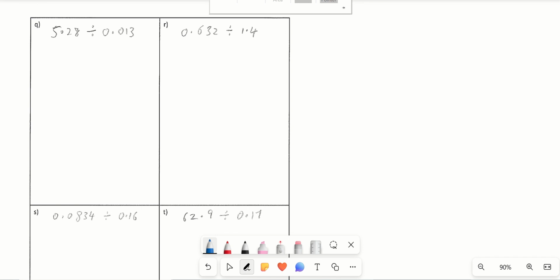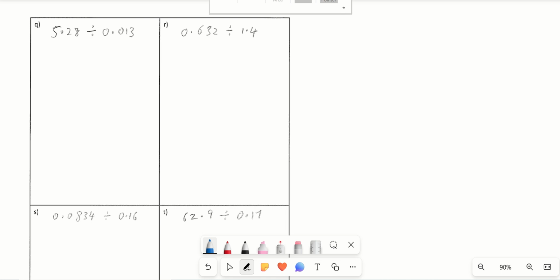All right, a few more challenging examples with dividing by a divisor that is a decimal number. So here we have question Q, we have 5.28 divided by 0.013.